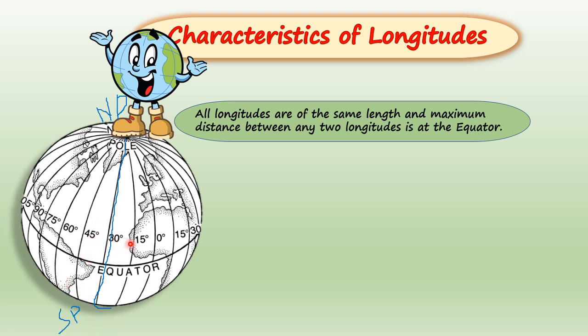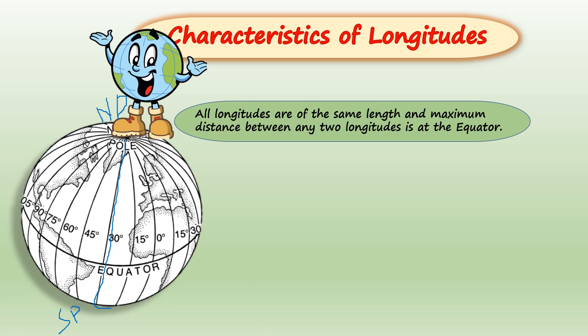And you can see as they move towards the pole, the distance is decreasing. See children, as they move towards the pole, the distance is decreasing because of the shape of the earth, because the earth is in spherical shape. So at the pole, the distance is reducing. The area of the earth is reducing. That is why the distance between two longitudes, two meridians, is also decreasing.